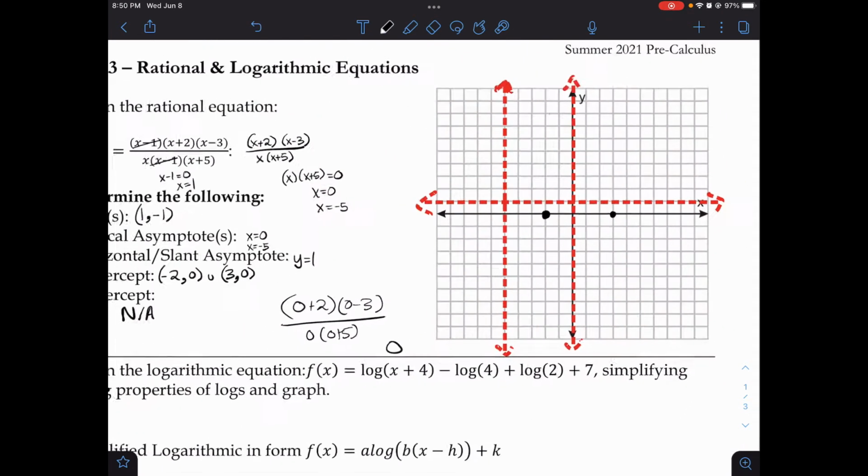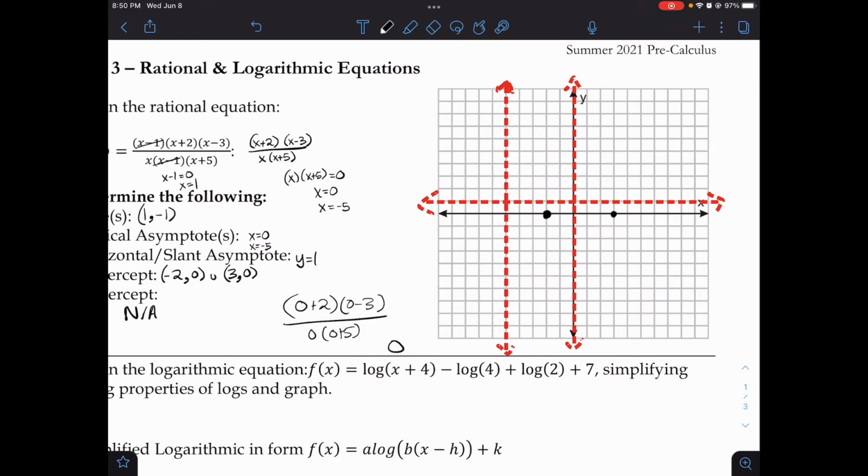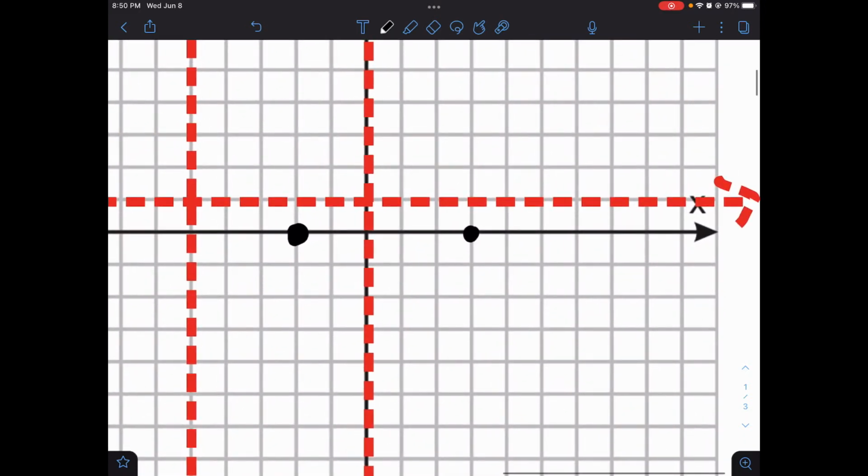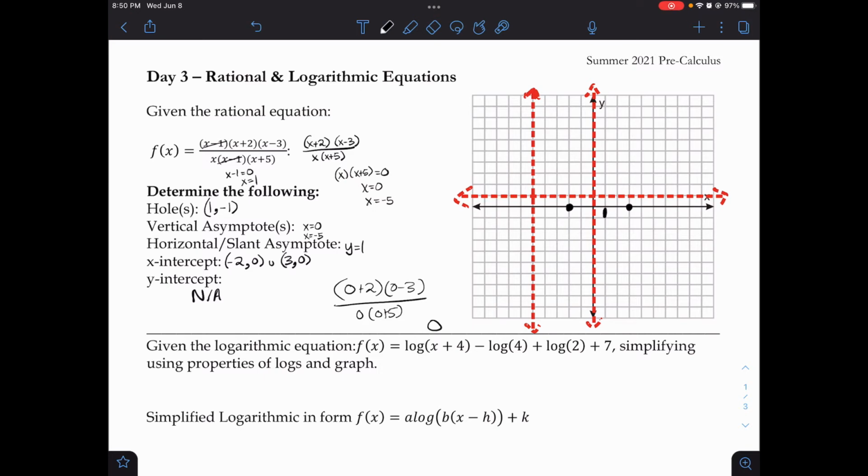So we already know what this side of the graph will look like. It'll probably look something like this, but we can get more points if we want to, and I'm going to do that right here. So let me plug the point 1 into our equation.